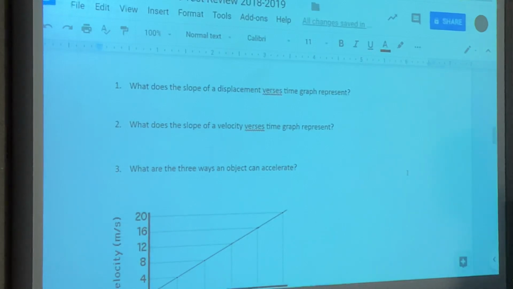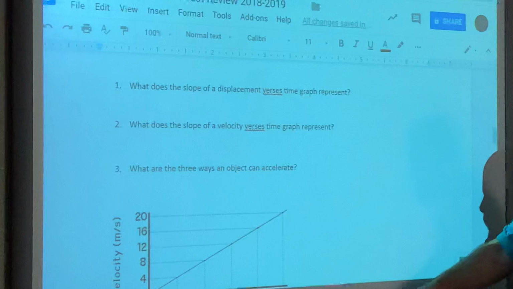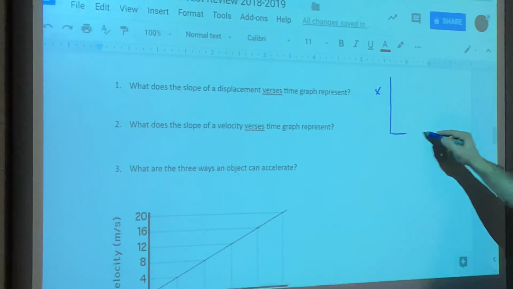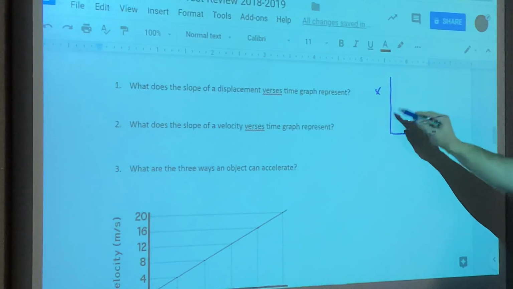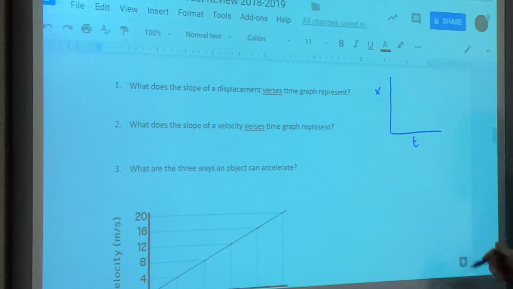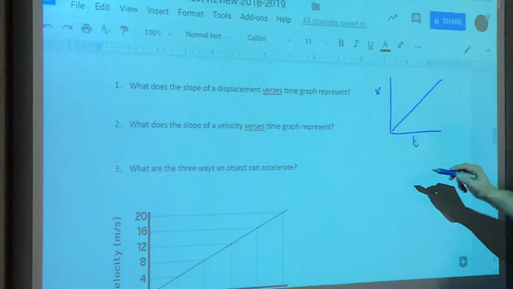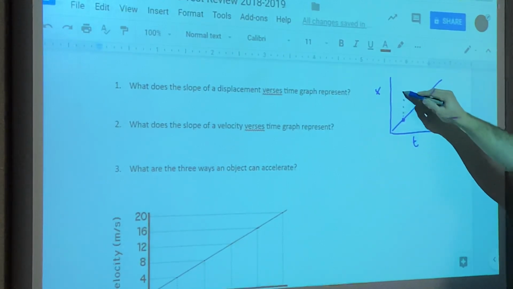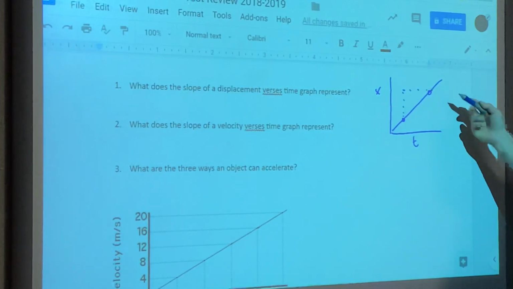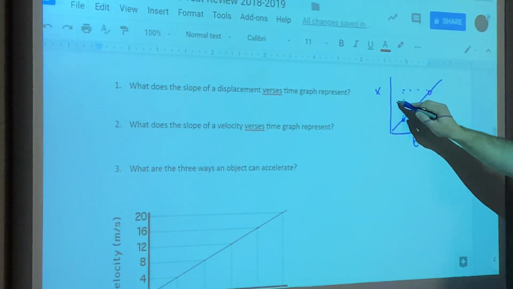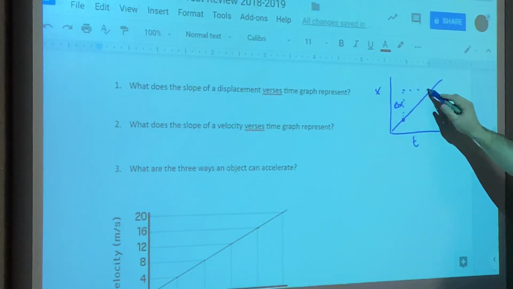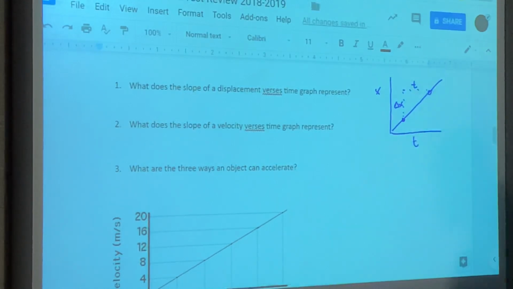Question number 1 was, what does the slope of a displacement versus time graph represent? Displacement versus time graphs are talking about position versus time. So it's one of these graphs where we put where the object was at different time intervals. The slope of a position versus time graph, right? You have to do rise over run. So you have to go up and then across, right? Rise over run. Well, that's the same as your change in x, how much you change your position, divided by how much you change your time.